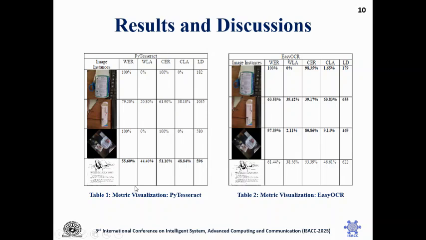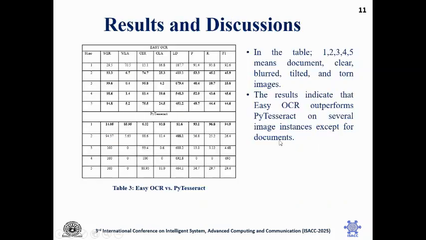So from these tables, we concluded that Pytesseract actually outperforms EasyOCR when it comes to extracting textual data from documents. However, EasyOCR, which is an OCR engine based on deep learning architecture, actually outperforms Pytesseract when it comes to challenging instances of extracting textual data from images.